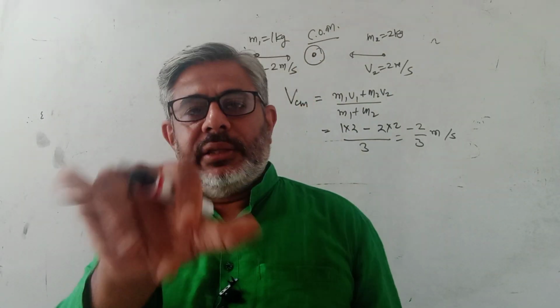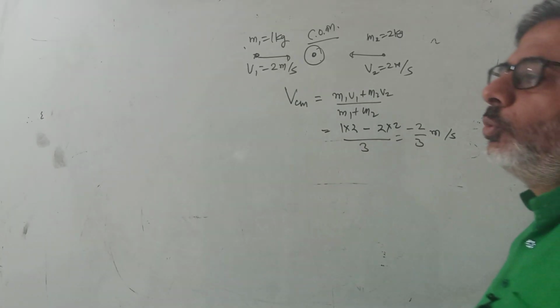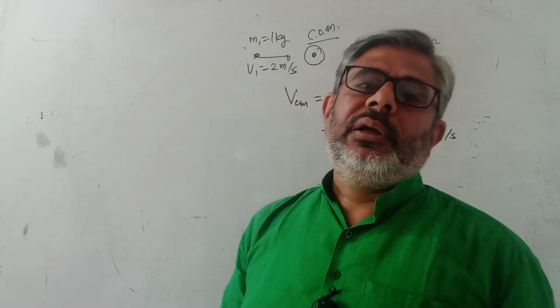So there is actually nothing there at that point, but still that representative point has a velocity of 2 by 3 meters per second, which is something that we should actually understand.